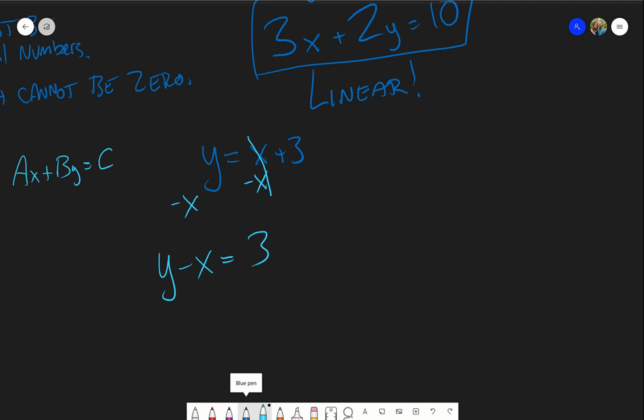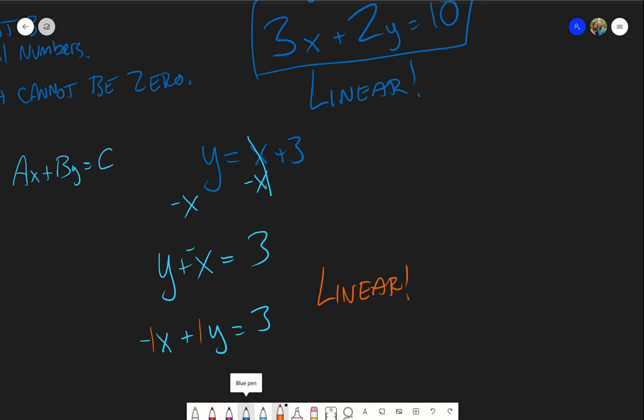Y minus x is the same thing as y plus negative x. And now that I have a positive, I can flip my order and have negative x plus y equals 3. And remember, when I don't have values here, this is negative 1x plus 1y. This is ax plus by equals c.